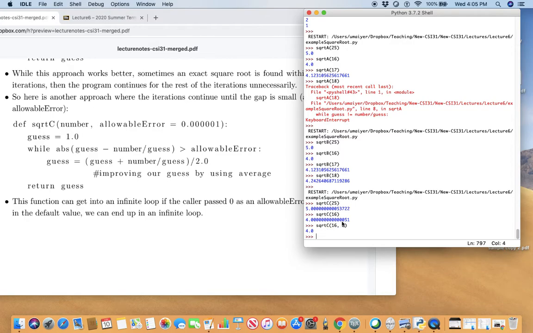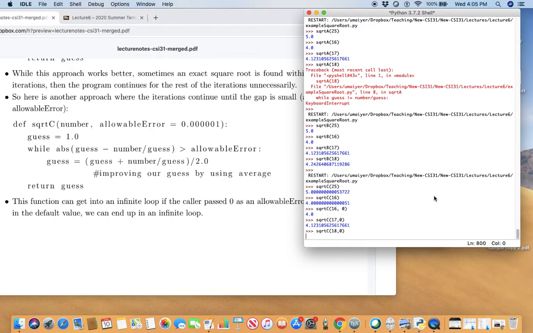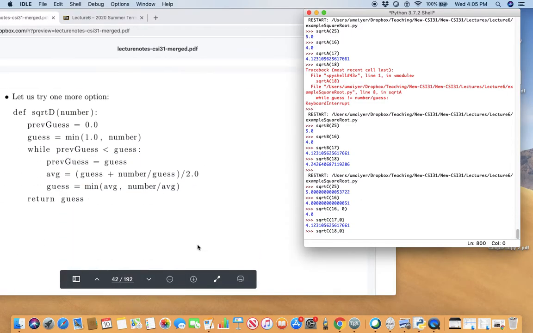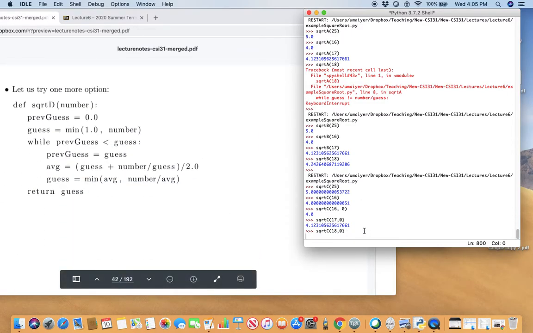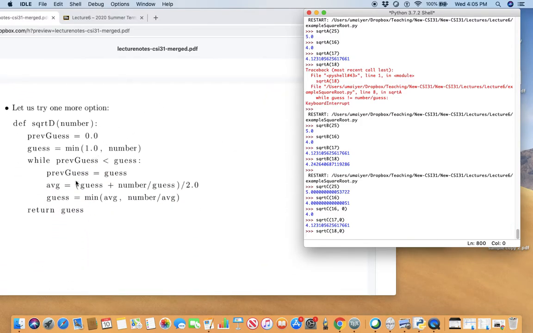So it kept working until it got the exact value. But look at that. I say 17 and I don't want any error. It worked. Square root c of 18, I don't want any error. And there I have an infinite loop, which is a problem. So we need to improve that one also, which brings us to square root d.